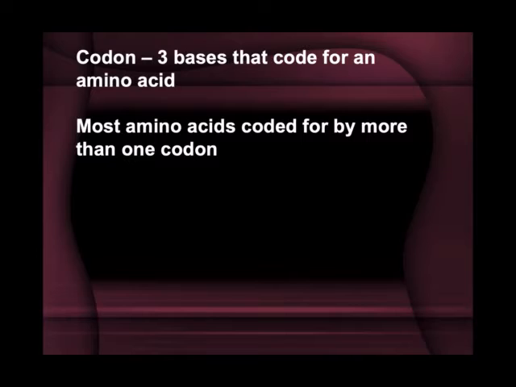Most amino acids are coded for by more than one codon, and this works out well because sometimes you can have a change in one of the bases, but it doesn't necessarily code for a different amino acid. If that happens, the protein is not going to be changed, because if it normally codes for alanine and you change one base and it still codes for alanine, it doesn't matter. It's a little safety feature that we have in our DNA.